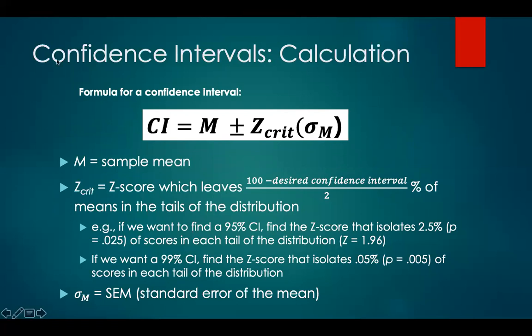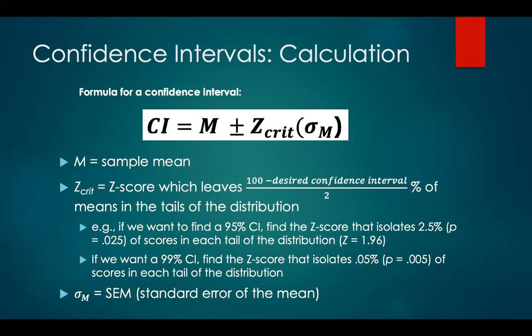Now note that this is plus or minus, or in this case, plus and minus. Right, so the mean is simply the sample mean. The critical z-value is the z-score which leaves 100 minus the confidence interval divided by 2% of means in the tails of the distribution. So this is a little confusing.